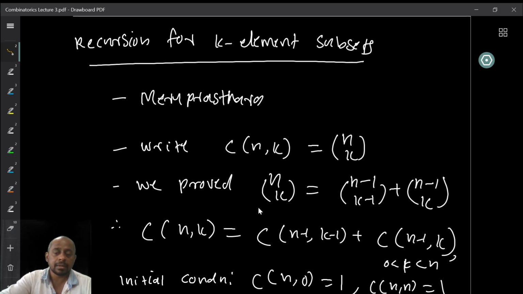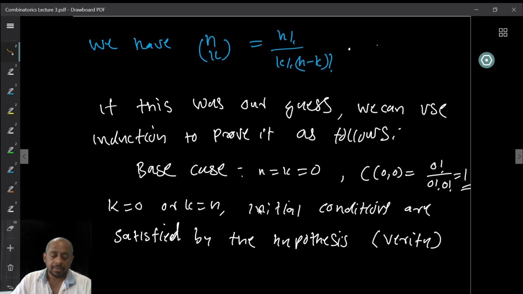Now let's suppose that we did not know a formula for n choose k. We already proved that n choose k is equal to n factorial divided by k factorial into n minus k factorial. But suppose we didn't know this.